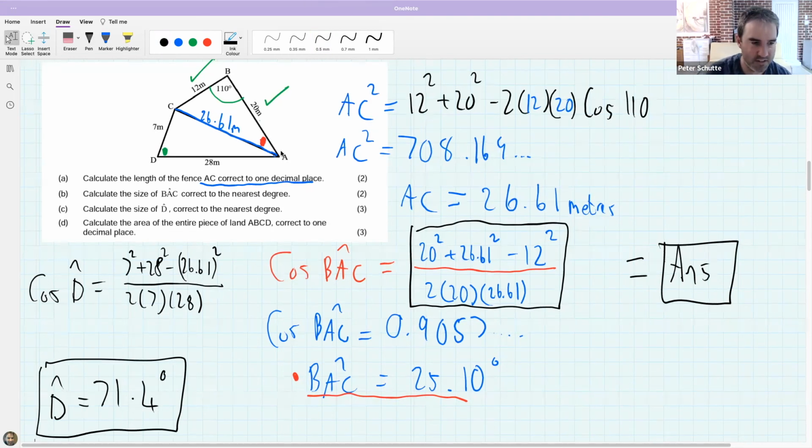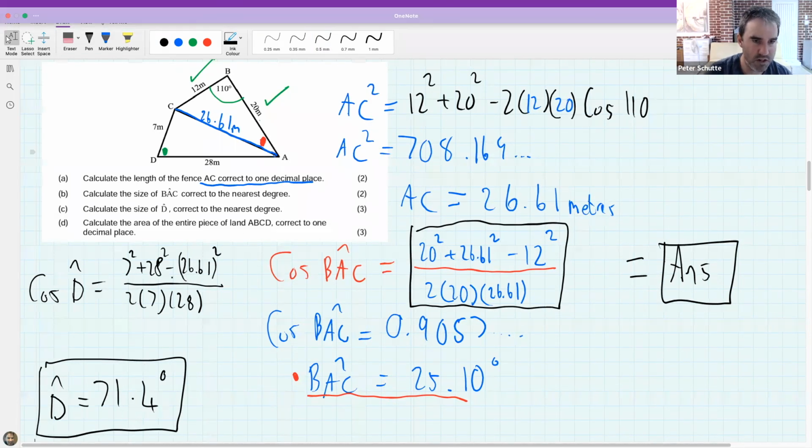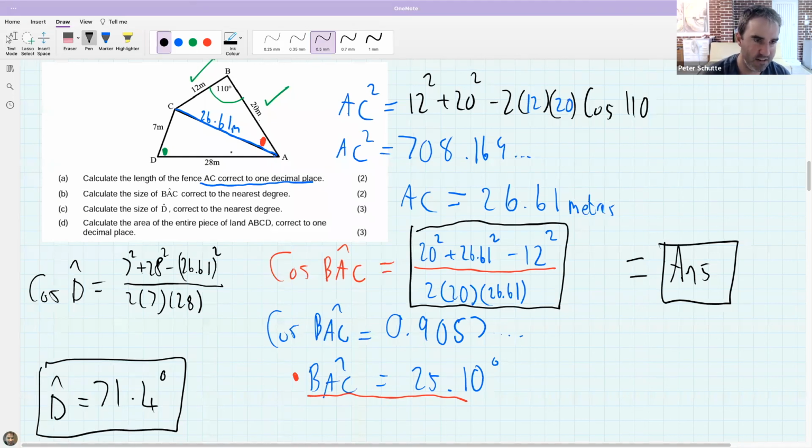All right, last part of the question, guys. I want to now find the area of this whole thing. The good news is you basically just need to find the area of this one triangle down here and the upper triangle up there. What do we need to know? All we need is that this angle is 71.4.